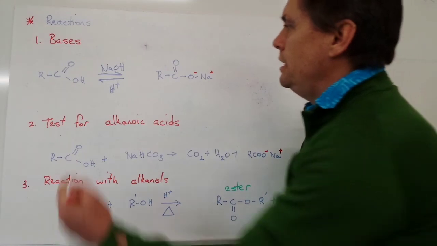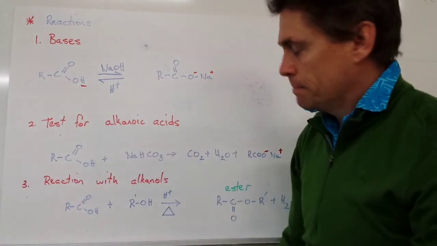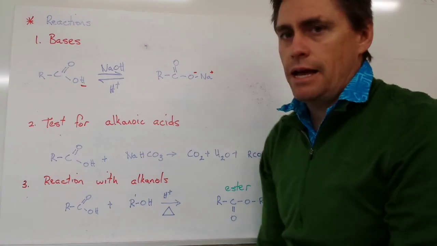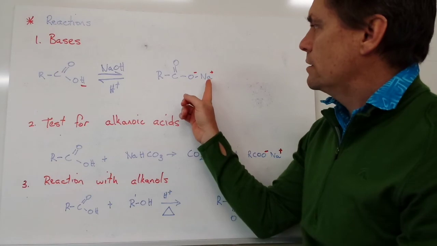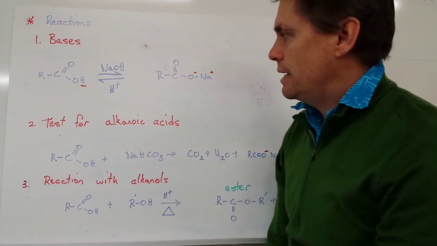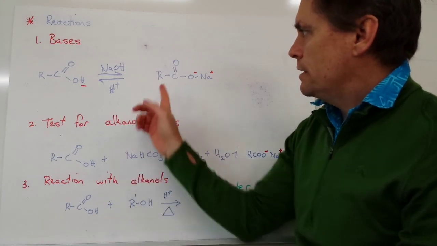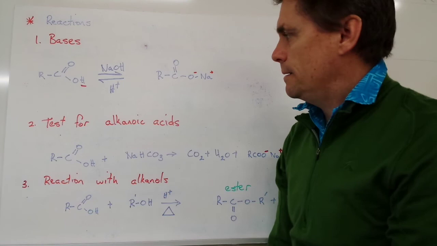So our hydrogen here will be replaced by the cation of whatever base we're using. So in this case we've got the sodium salt of our alkanoic acid. Now this is also a process that's used to make soap as well, but we'll get onto that later.